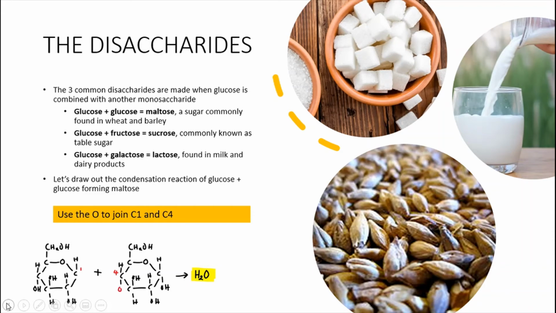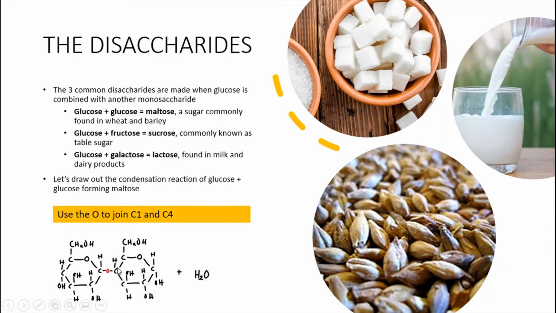So we take that oxygen and use it to form the bridge between these carbons. Now this link, where oxygen links carbon and carbon in a sugar, is referred to as a glycosidic link or a glycosidic bond. So now here we have formed a maltose molecule and water.